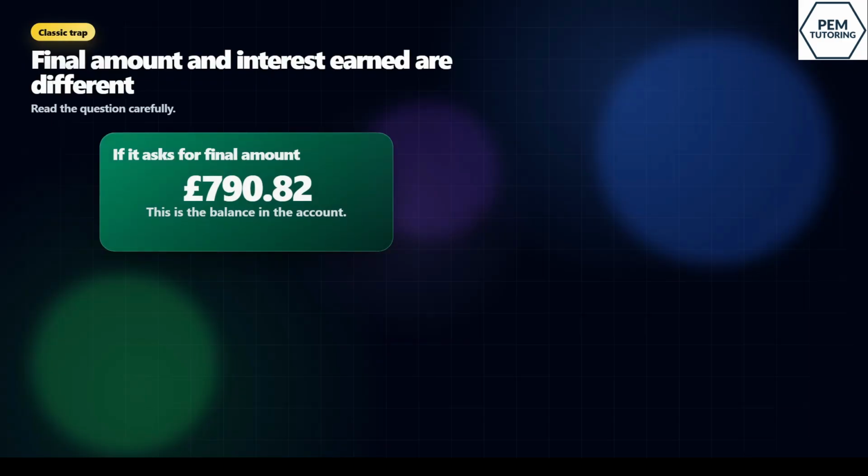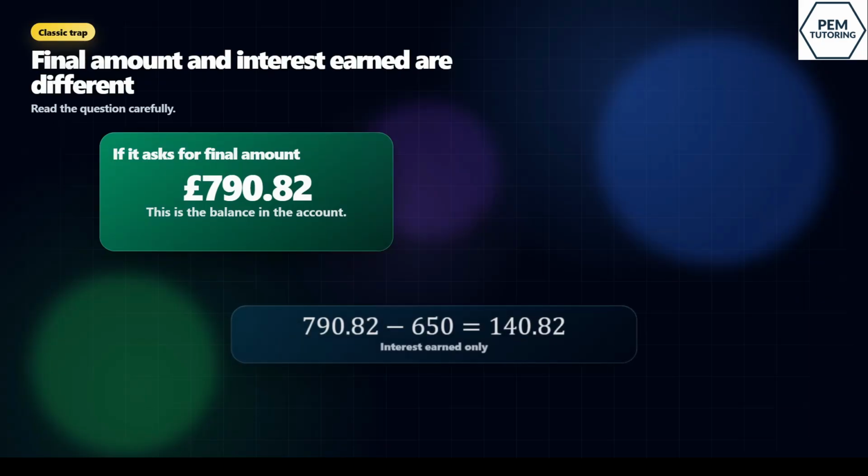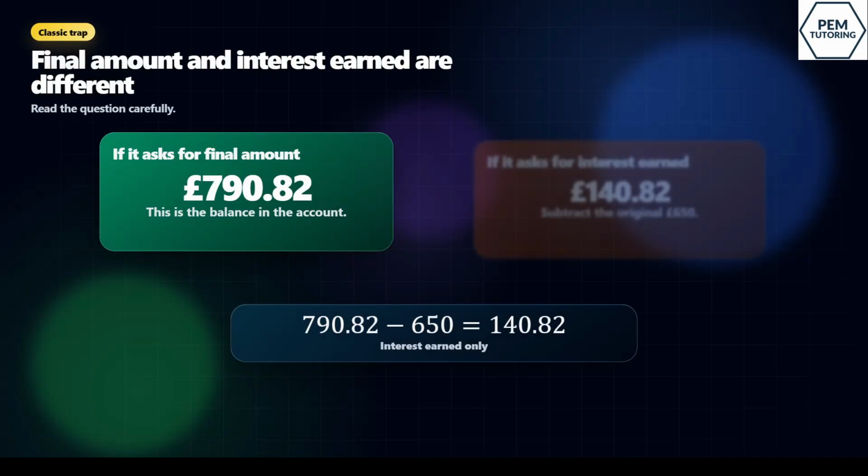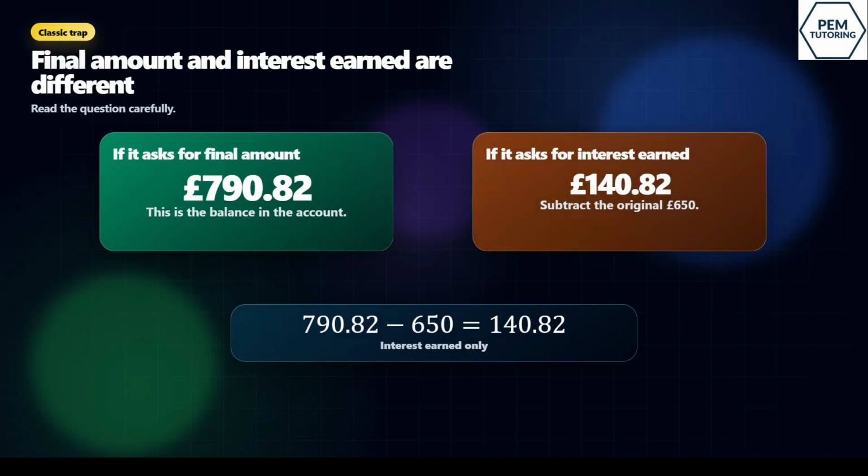If the question asks for the final amount, the answer is £790.82. But if it asks how much interest she earned, you subtract the original. 790.82 minus 650 equals 140.82. So the interest earned is £140.82. Final amounts and interest earned are not the same thing.